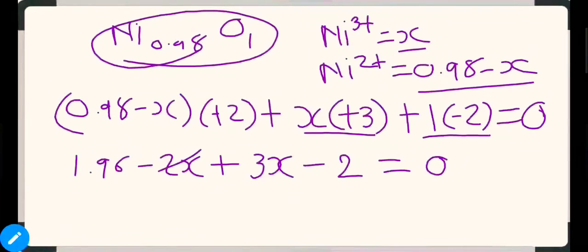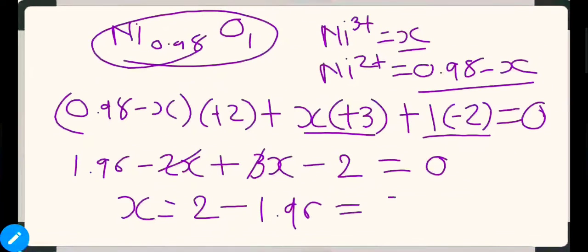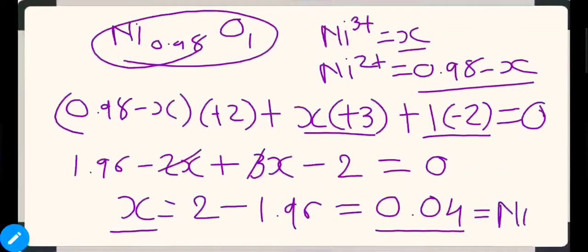So minus 2X plus 3X is equal to X. So X is equal to 2 minus 1.96, which is equal to 0.04. So X is equal to 0.04, that means it is the quantity of Ni3+. So this will be the number of moles of Ni3+.